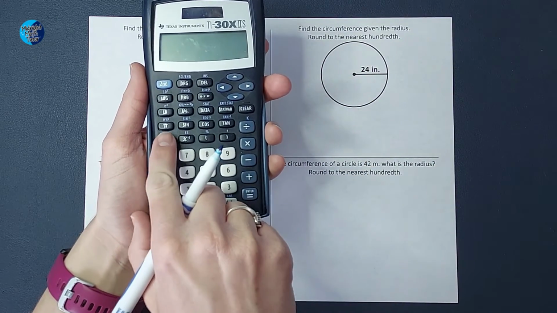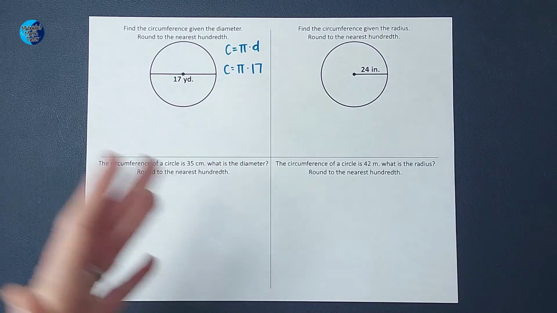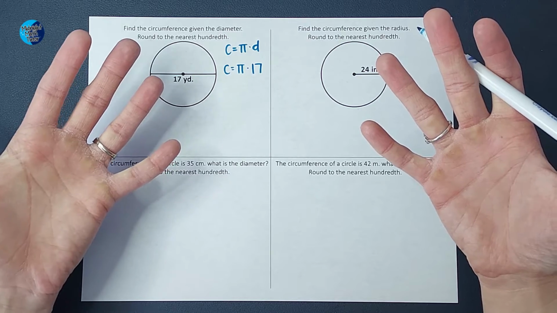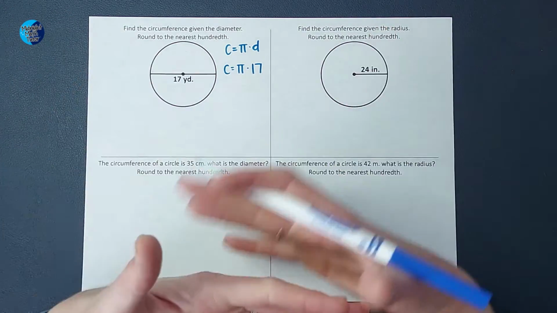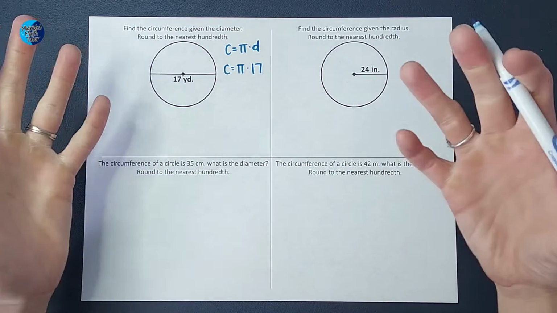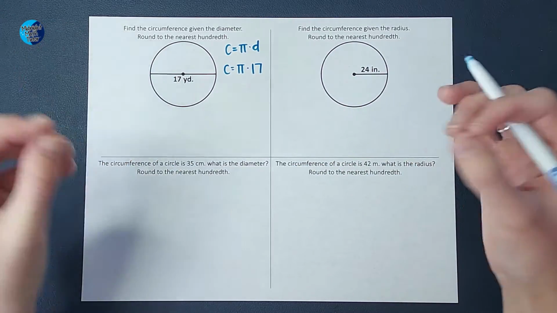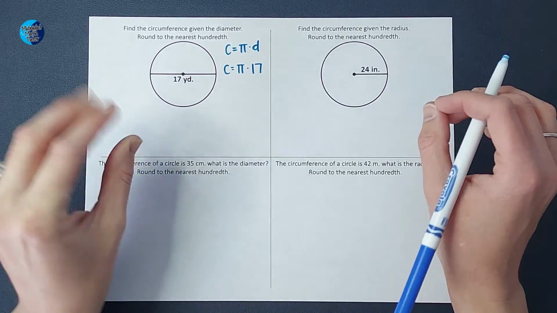Most calculators have one; this one is right here, if you can see that pi button. Some teachers may want you to round pi, and they may say use 3.14 for pi. Different teachers will tell you different things, and typically they will say on each assignment what they want. So I'm going to show you three different ways you could write this answer.